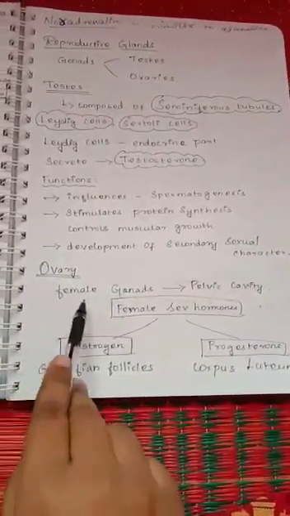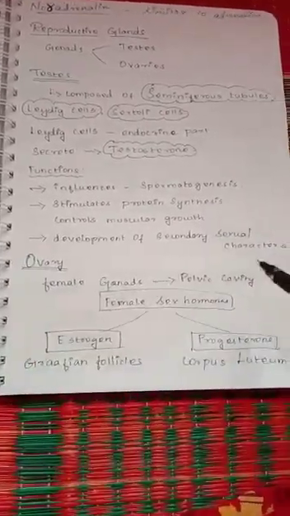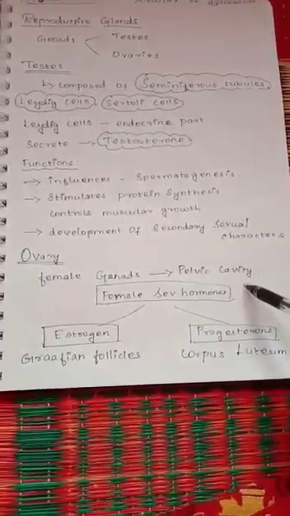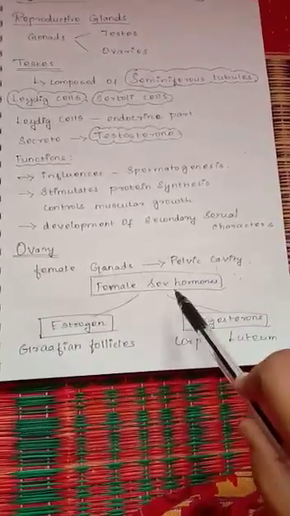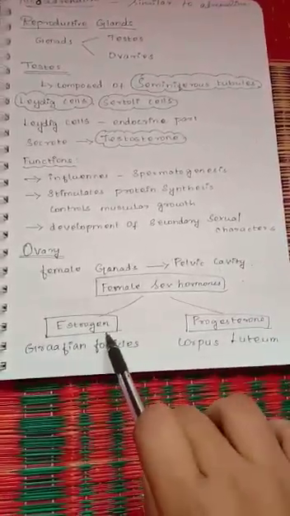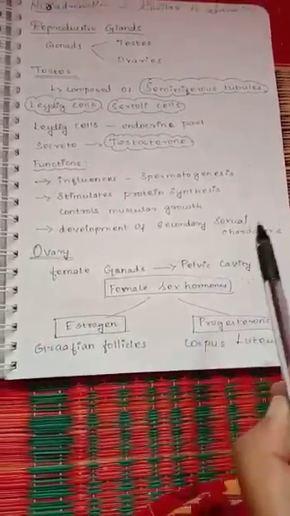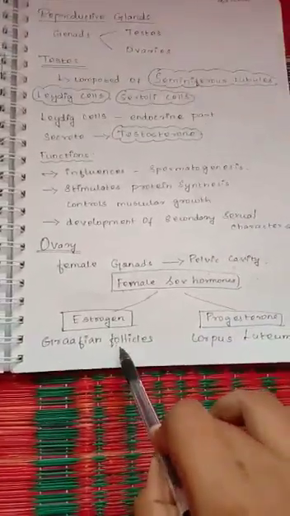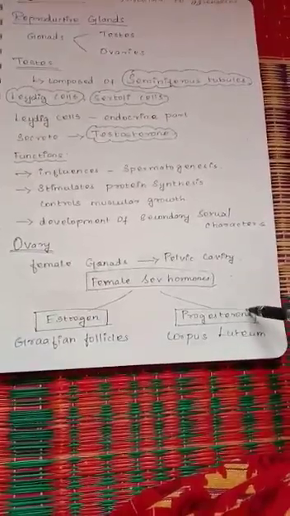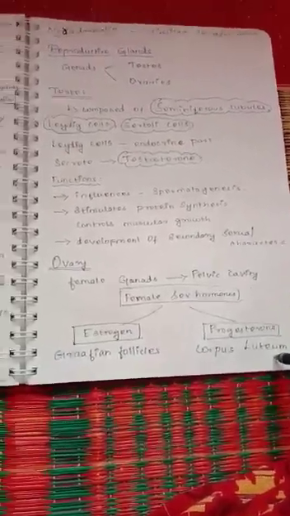Ovaries are the female gonads present in the pelvic cavity of female. The female sex hormones are estrogen and progesterone. The estrogen is secreted by the graafian follicles, and the progesterone is secreted by the corpus luteum.